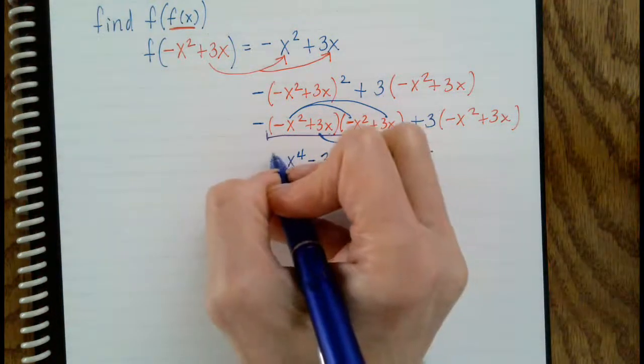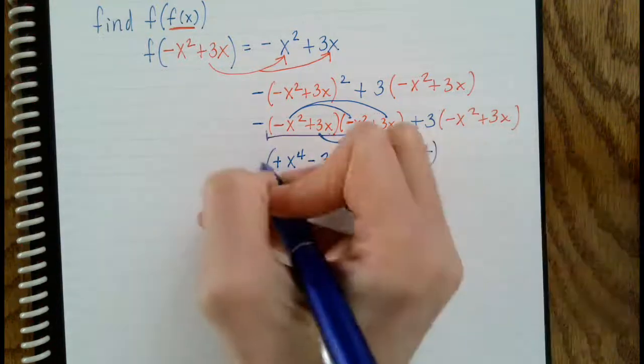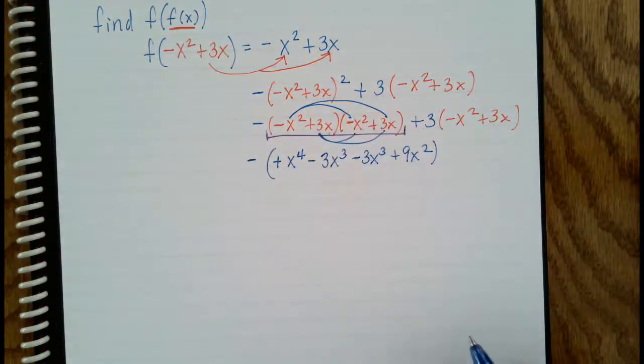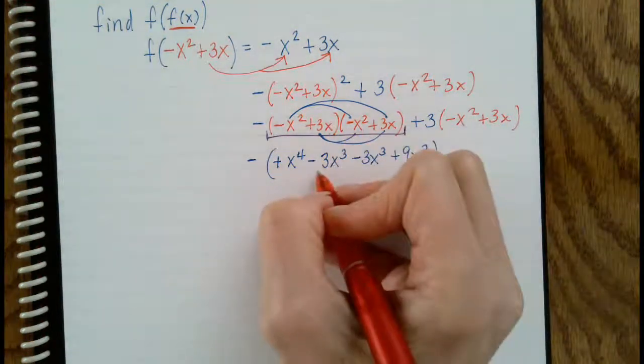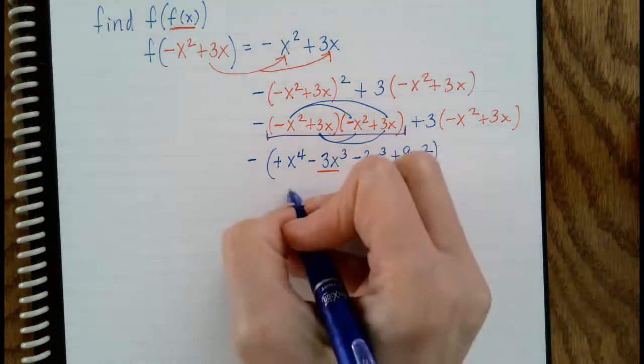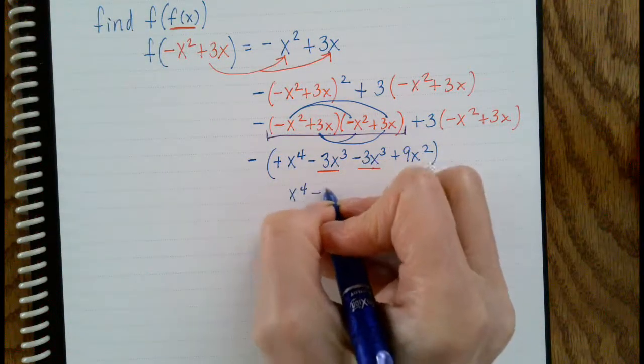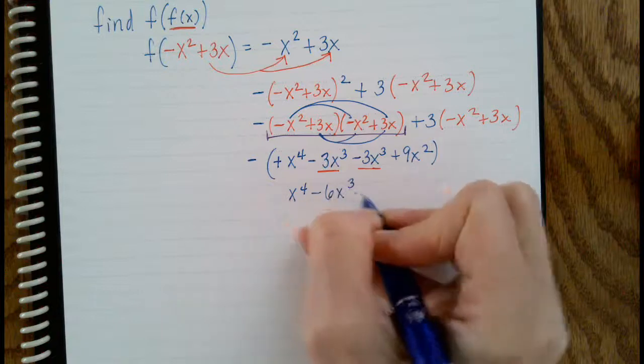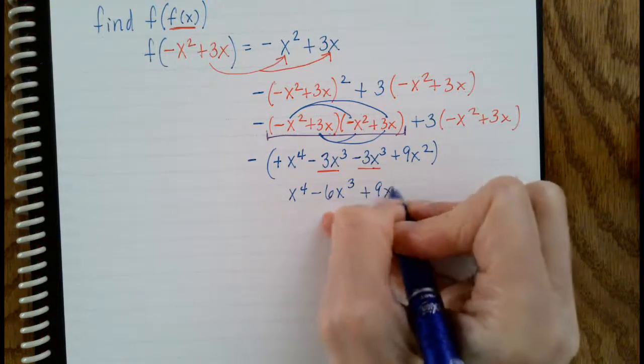And if you remember here, we've got that negative on the outside. I'm going to combine like terms here. What we've got is x to the fourth minus 6x cubed plus 9x squared.